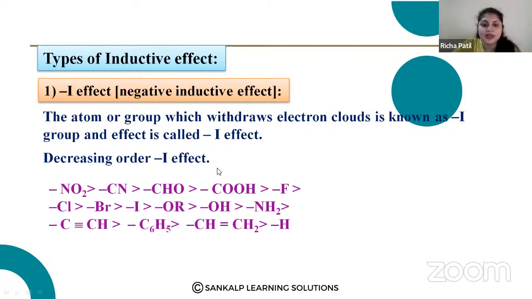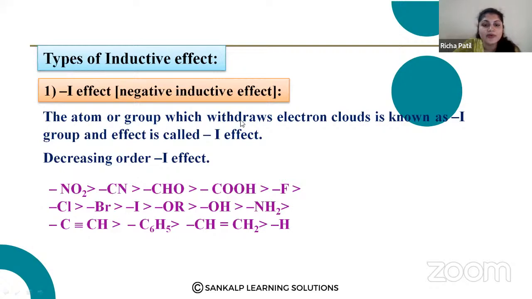So here you can see this is a decreasing order of negative inductive effect. These are all electron withdrawing groups. These are placed in decreasing order, so the nitro group will show the most withdrawing power, more than that of hydrogen.